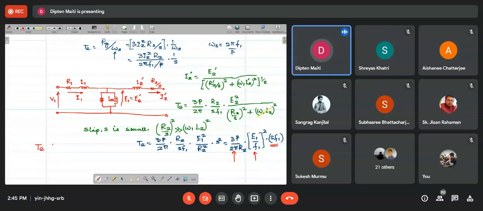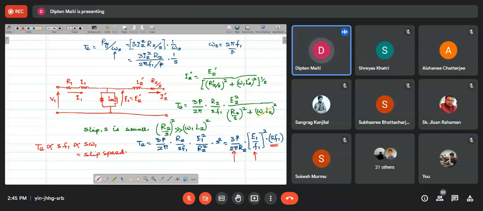So the requirement is that we have to maintain this E1 by f1 constant.